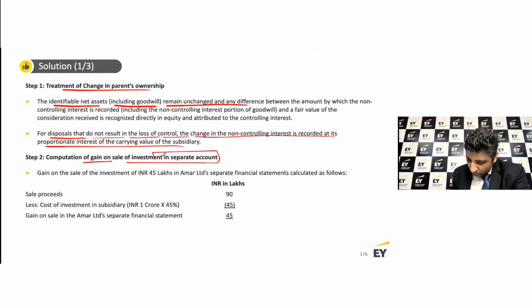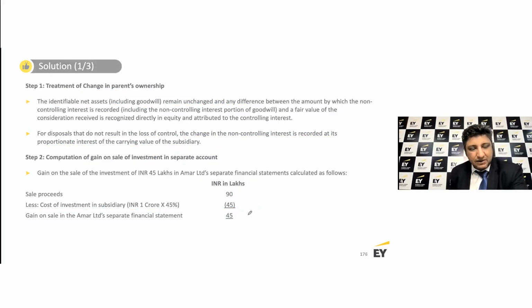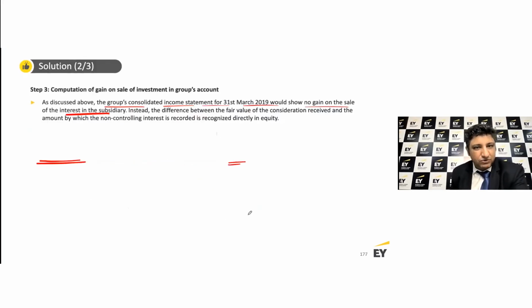You have sold this stake for 90 lakh rupees, but the cost of investment is worth 45 lakh rupees, which means that in the standalone financial statements of the parent company, there would also be a gain recognized to the extent of 45 lakh rupees, right? That's where you start distinguishing between the separate financial statements and the group financial statements. All right, that's the distinction that you want to carry here.